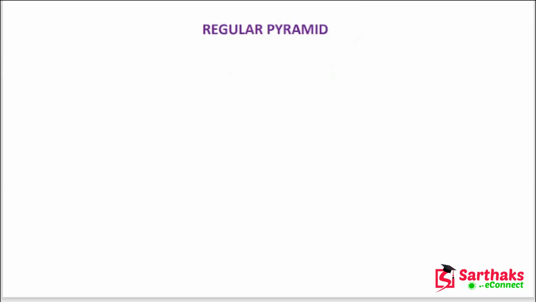Okay, let us move on to the regular pyramid. So what is a regular pyramid? As the name suggests, a pyramid is said to be regular if its base is a regular polygon.